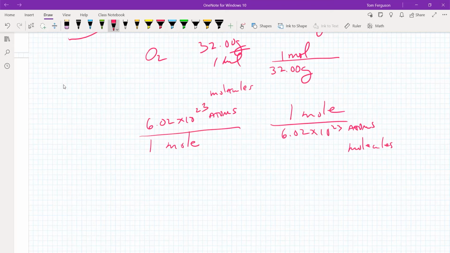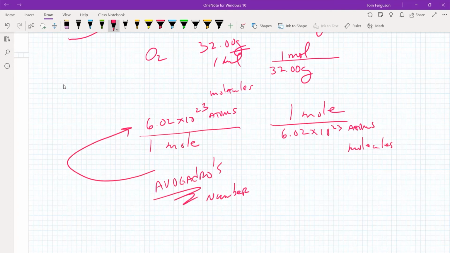The guy that discovered this number is Avogadro. So Avogadro's number is 6.02 times 10 to the 23rd. Now that's a huge number. That is 6 with 23 zeros after it. That tells you how small atoms and molecules are.